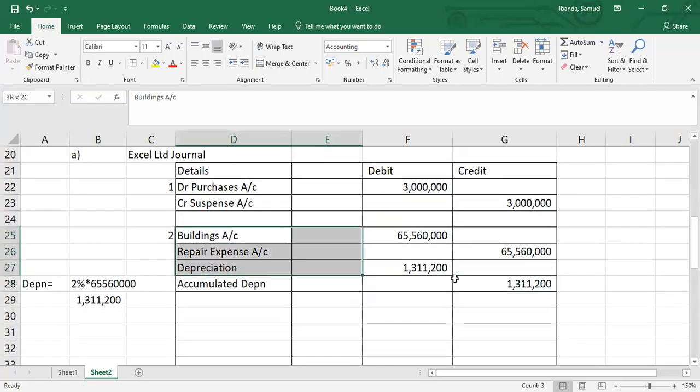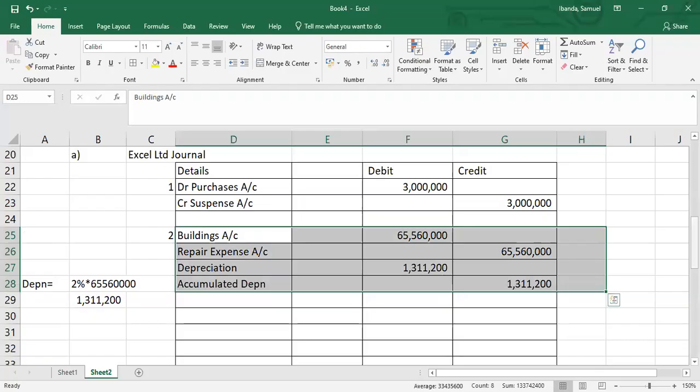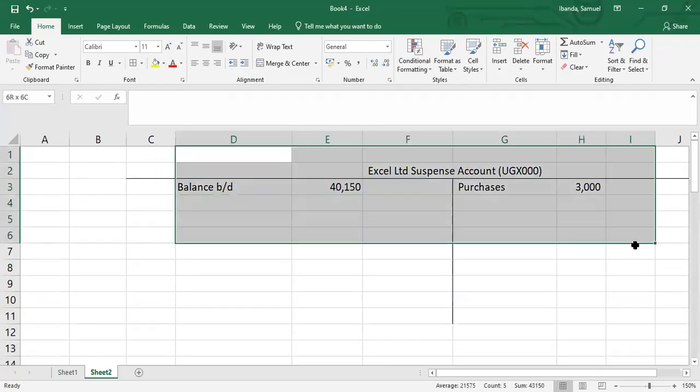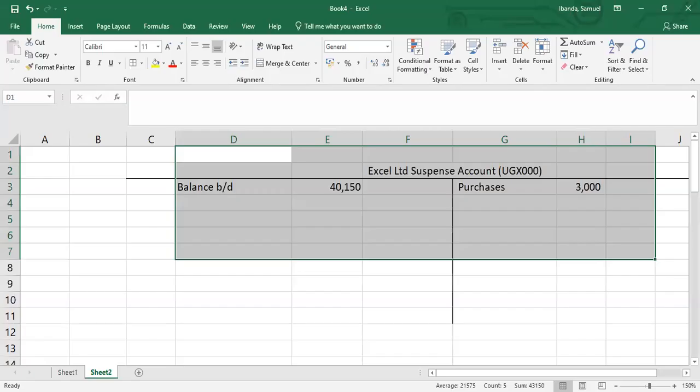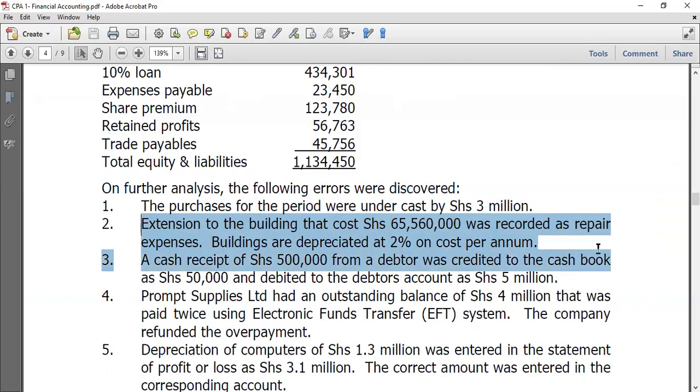And that is what I'll basically do. Now, as you can see from all this transaction, there's nothing that I'll come and put in this account, okay? Now, one of the things that you also need to know is that this statement has actually had two errors to correct. One, it was the misplacement of buildings. The second one was not depreciating the asset, okay?